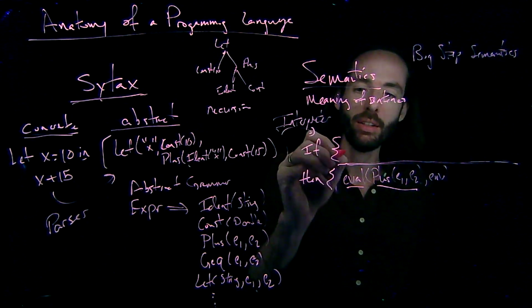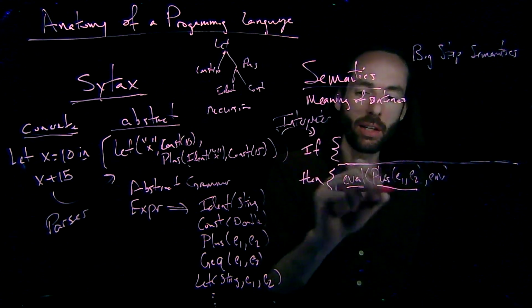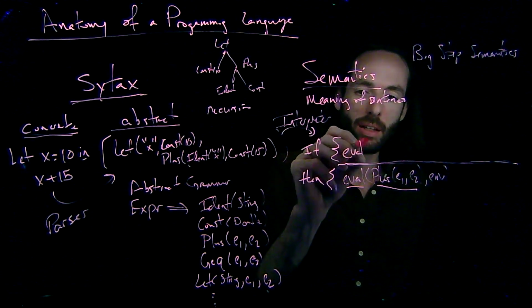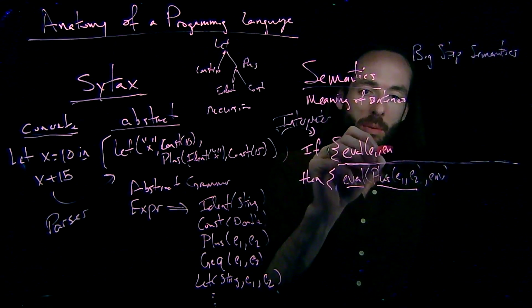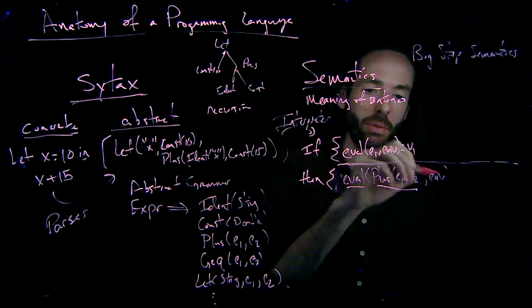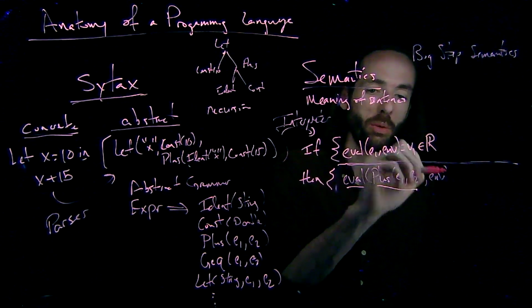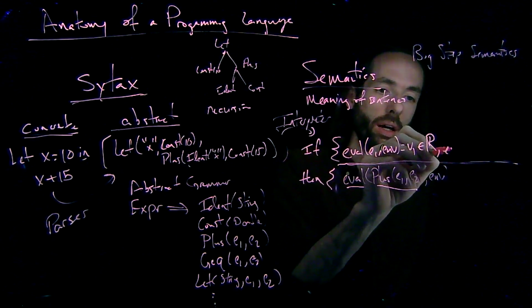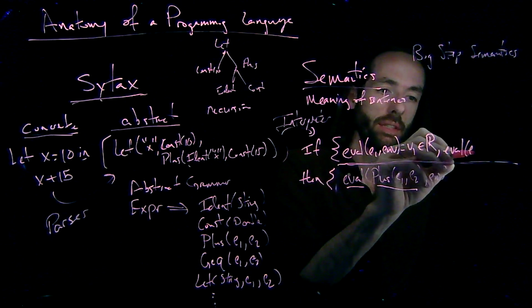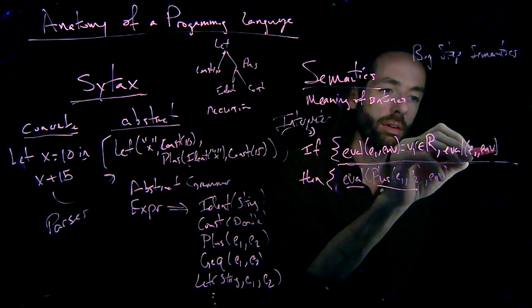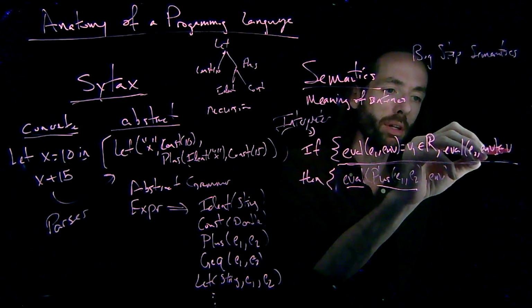So what do I need to do to calculate this? I need to eval E1 under the environment, and that should hopefully resolve to some value v1, which hopefully will be a real number. And we'll eval E2 under the environment, and that should also be a number.